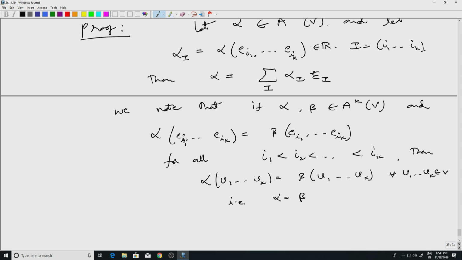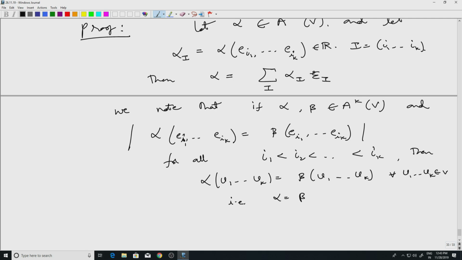So one can assume that i1 up to iK are all distinct. And if they are not in increasing order, you can keep on interchanging the indices so that they get into an increasing order. Each time you do an interchange, you will acquire a minus sign, but that minus sign will occur for both the left hand side and the right hand side.